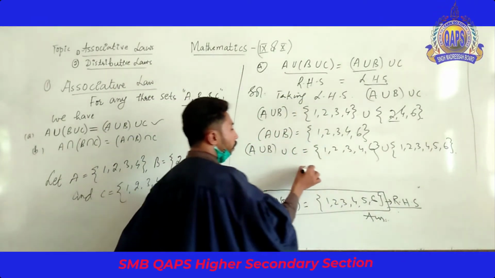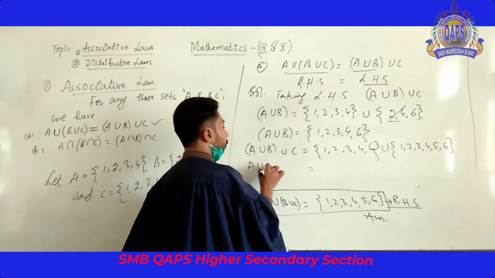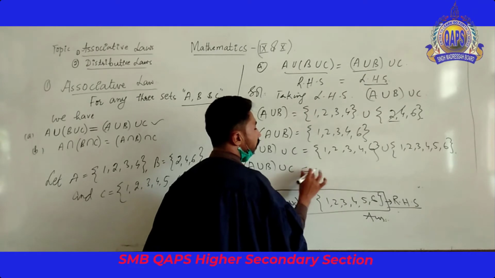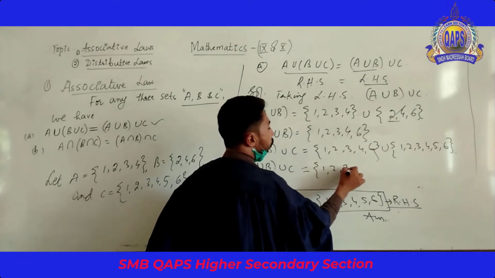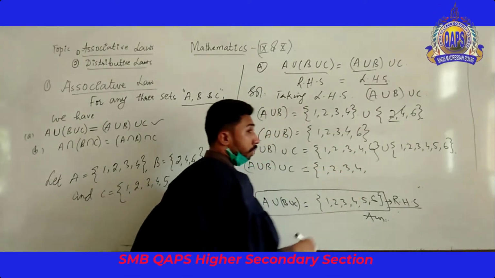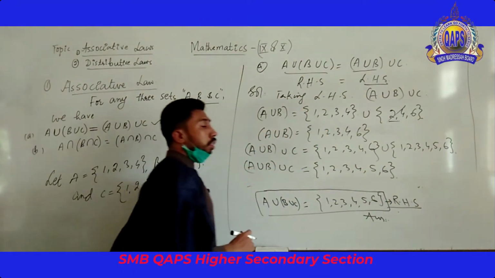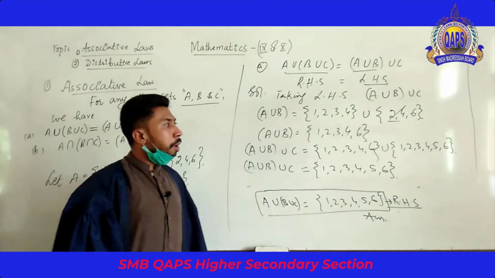So in union we are saying that 1, 2, 3, 4 and 5 is already included here because repetition is not allowed.